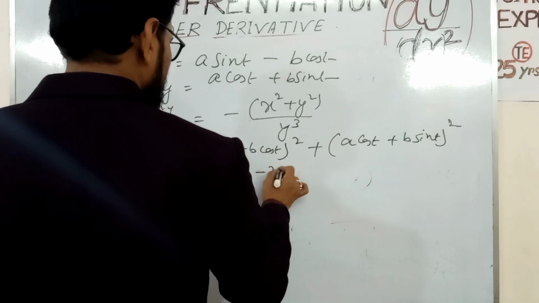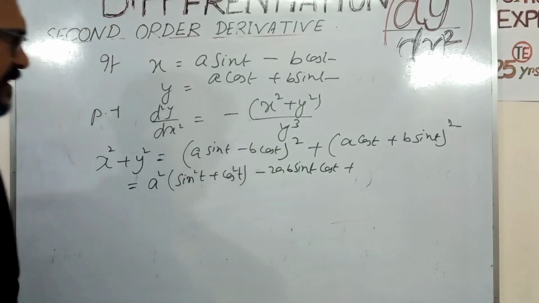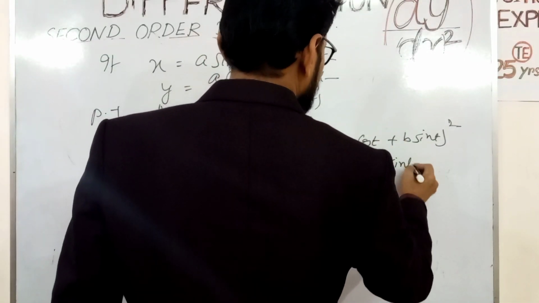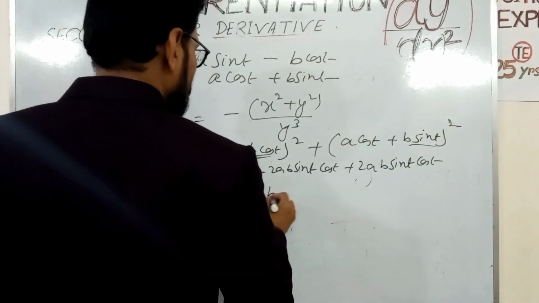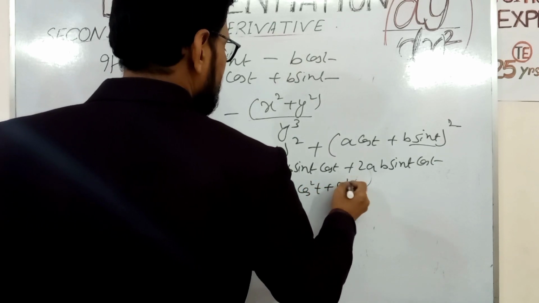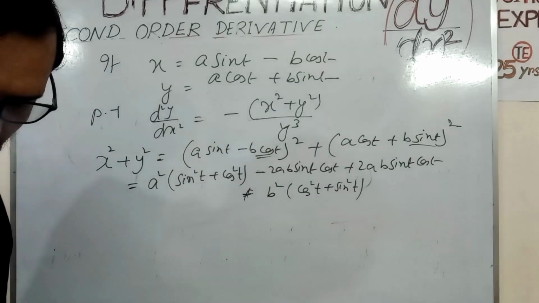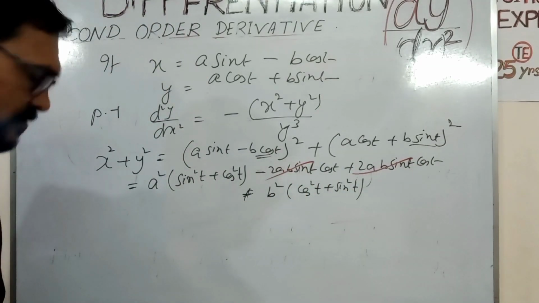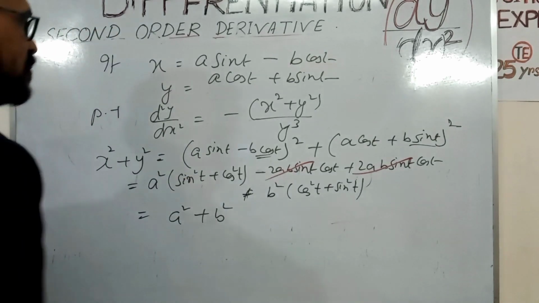Minus 2ab sin t cos t plus 2ab sin t cos t, and again b square cos square t plus sin square t. So if we expand this and this, we get this. Now cancel this and this, so this becomes a square plus b square. So x square plus y square equal to this.